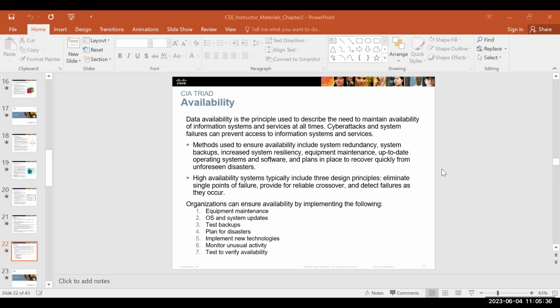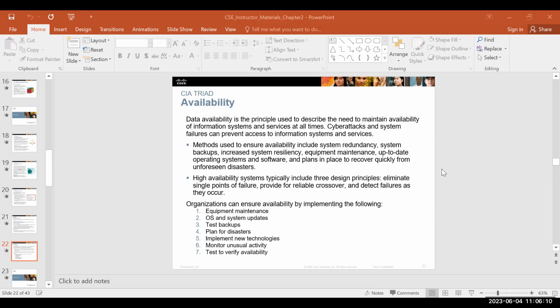All right, so that is some of the methods. And then increased system resiliency. The system should be as resilient as possible. Equipment maintenance: you should always maintain your equipment, so that you will not, at a point in time, find that maybe a rat has eaten the cable, or your hard disk has shifted or something like that.